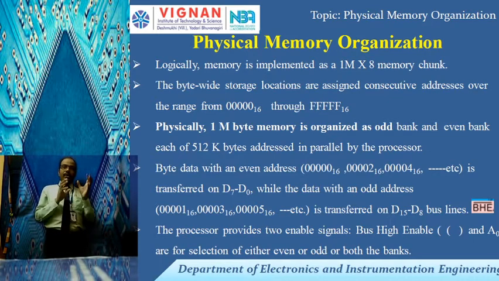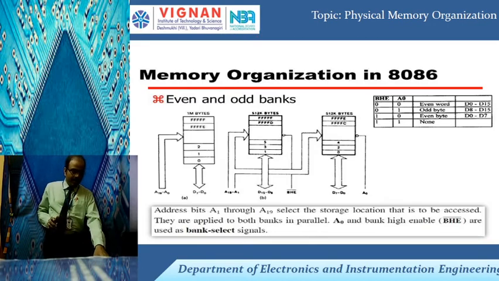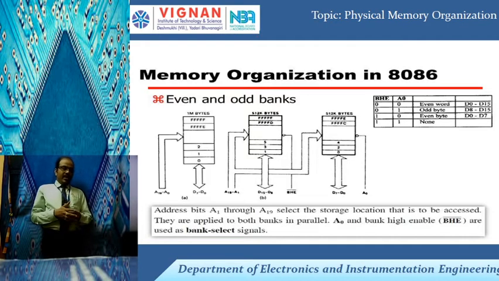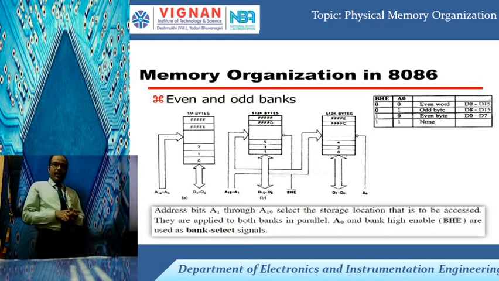So there are two enable signals, bus high enable and A0. These are used for selection of either the even address bank, or the odd address bank, or both even and odd address banks. If you observe, this is the memory organization physically in 8086.